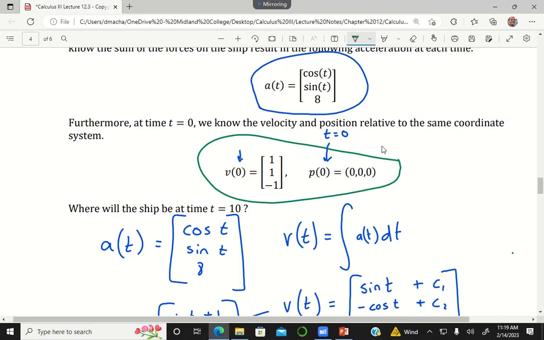I mentioned this yesterday, I think. Stephen had a good question, and so we talked about this. These are called initial conditions because they tell you about the velocity and the position at time t equals 0. So these are like the initial velocity and the initial position of the spacecraft. So these are helping you figure out what those constants are. So far, so good?